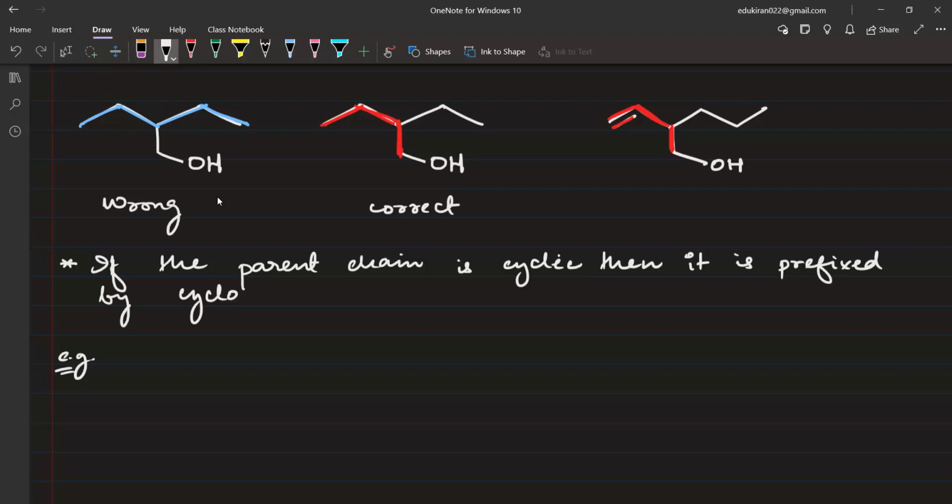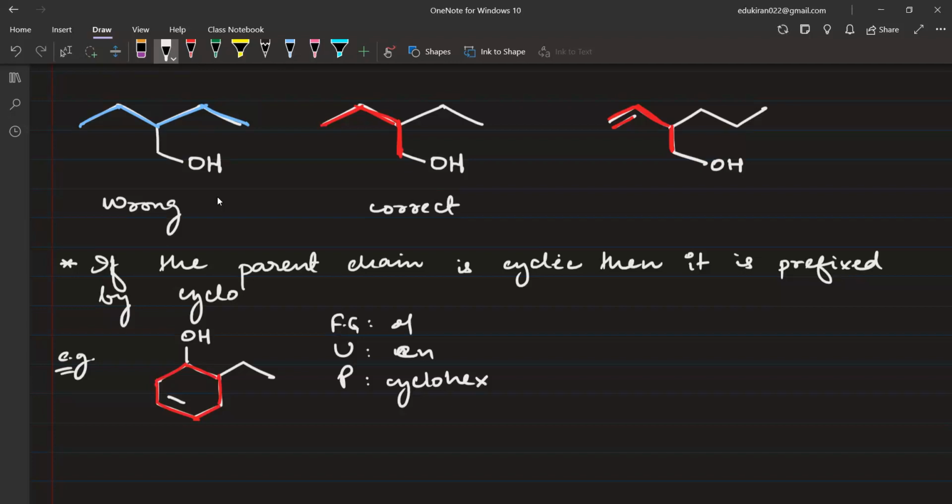For example, this ring is going to be your parent carbon chain, because the functional group is in it, and the double bond is also in it. So now the parent is going to be what? Functional group is alcohol, and unsaturation is ene. The parent will be 6 carbon atoms, that means hex, but we will write cyclohex because it is cyclic. Clear guys? All of you, yes or no, please tell me. Correct.